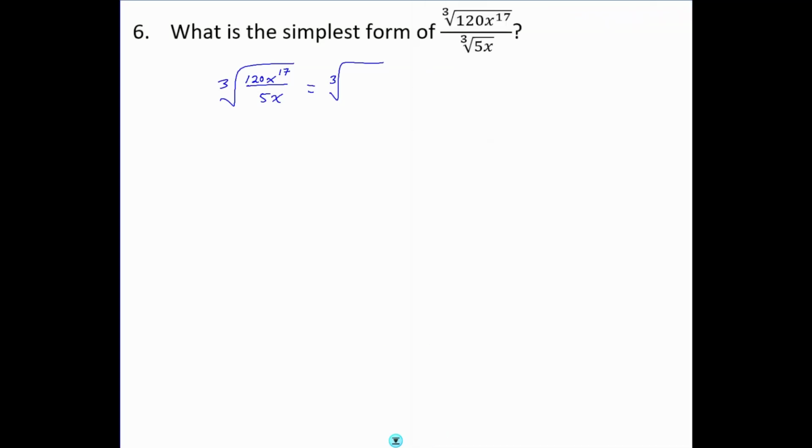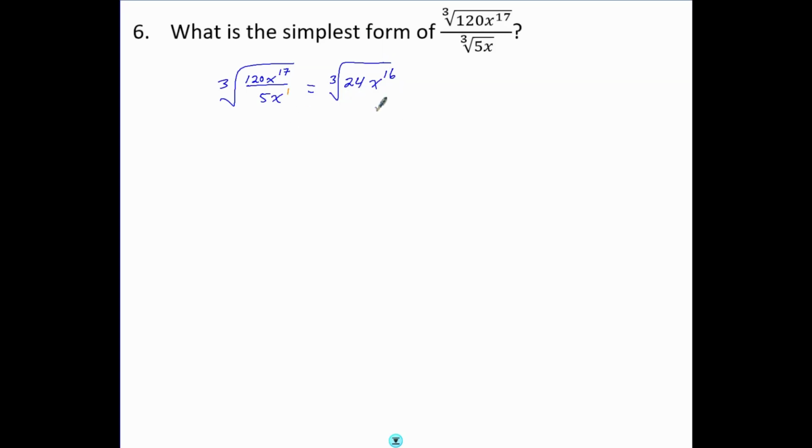That's going to give me 24. 120 divided by 5 is 24. And then 17 minus the exponent of 1 right there. So 17 minus 1 is going to get me x to the 16th power.